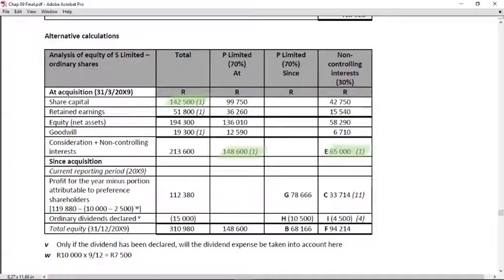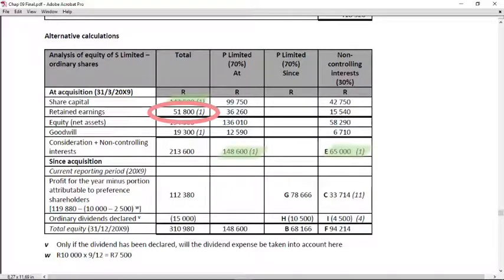When you refer back to your allocation of items calculation that we did, we identified the retained earnings at acquisition date attributable to the ordinary shareholders to be the 51,800. So in the analysis, just put in that one amount. Don't bother to put all those individual income and expense items in the analysis.